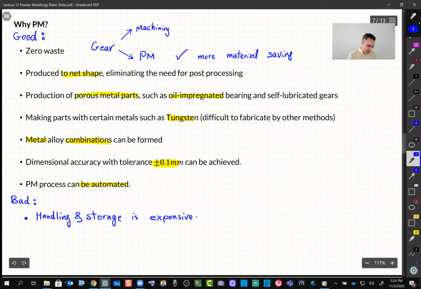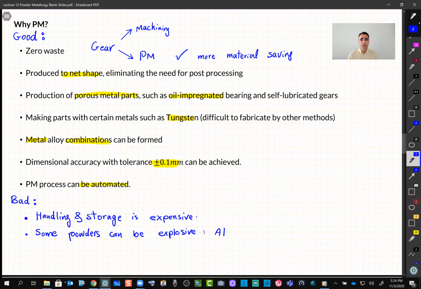And another bad thing is some metals, when they are in the form of powder, can be explosive. A good example, believe it or not, I didn't know it myself until a few years ago, was a different explosion.